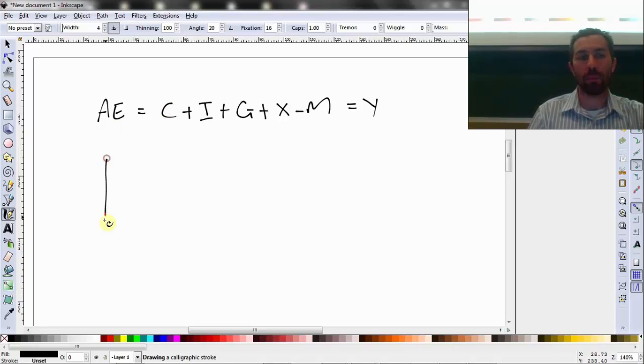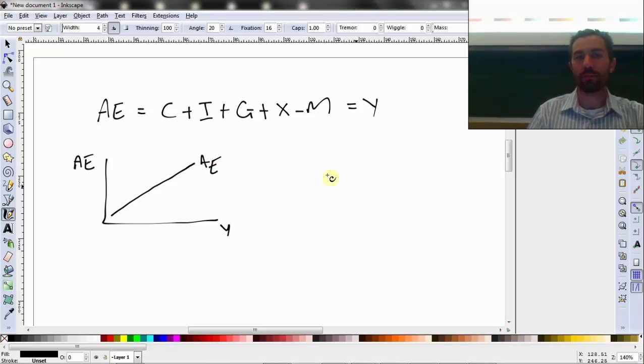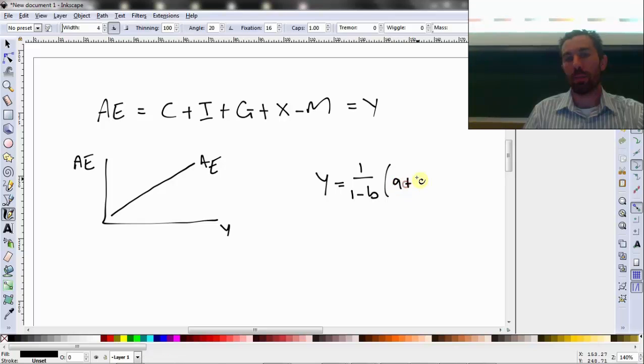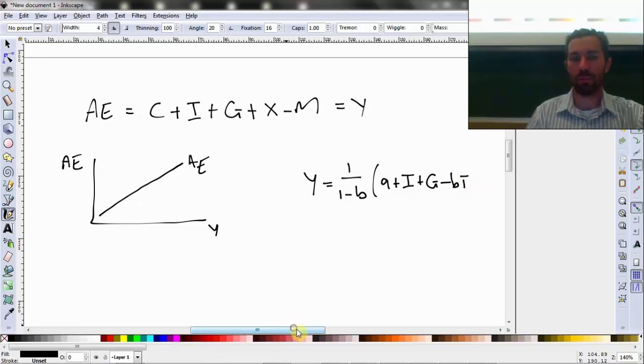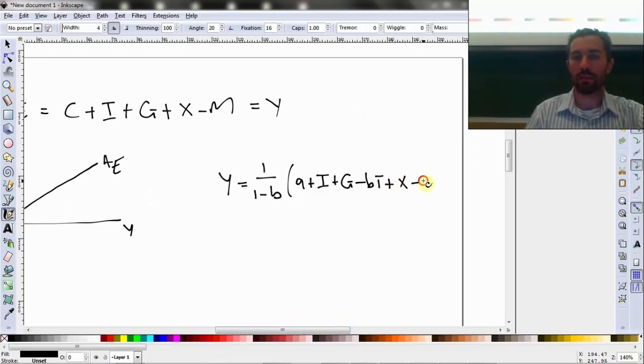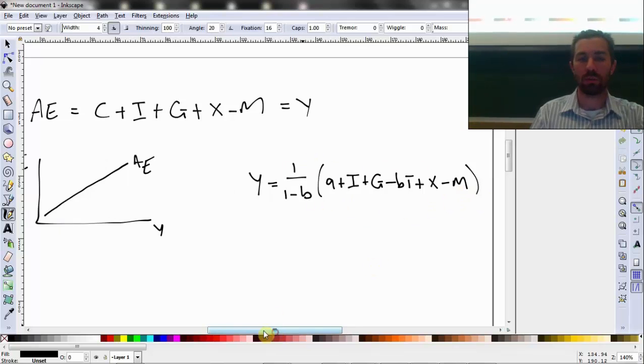And in terms of my upward sloping aggregate expenditure curve, in other words, the relationship between Y and aggregate expenditure that is upward sloping, right? I'm writing Y equal to 1 over 1 minus B times A plus I plus G minus BT plus X minus M. So I'm just assuming there's no income tax rate and there's no marginal propensity to import. So all of these things are autonomous. Okay?